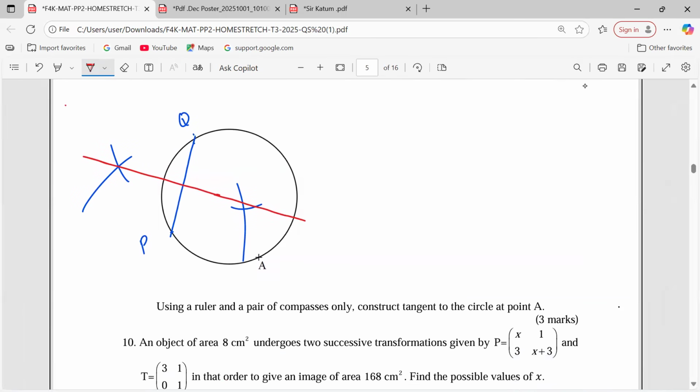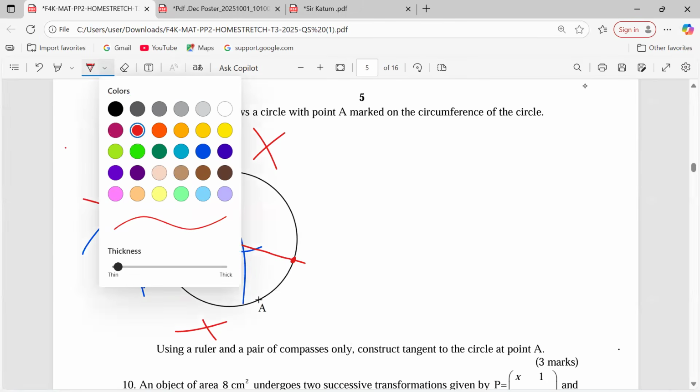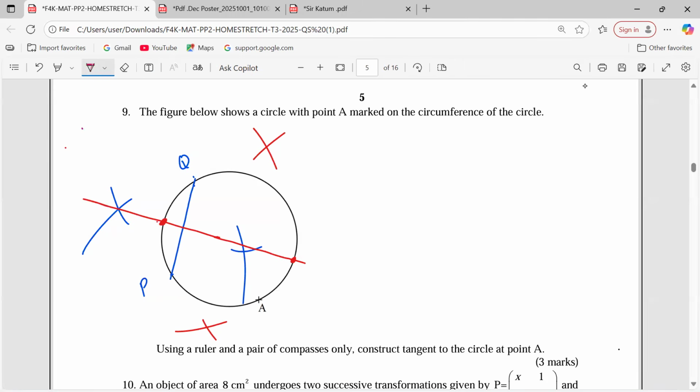So I stand here, I make arcs on this side and also on this side. Then standing on the other point, I cut the first arcs. Using those arcs, I identify the center of this particular circle. That is the center of the circle.